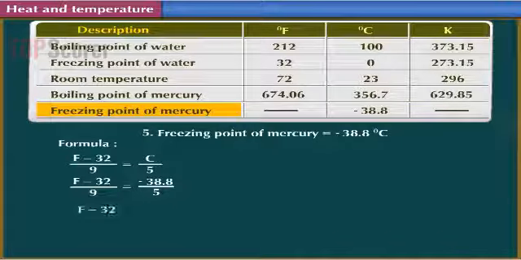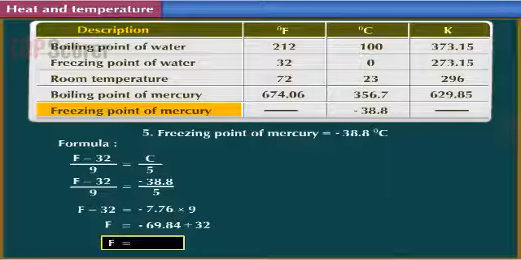Thus, F minus 32 is equal to minus 7.76 into 9. Thus, F is equal to minus 69.84 plus 32. Therefore, F is equal to minus 37.84. Let us fill the calculated value in the table.